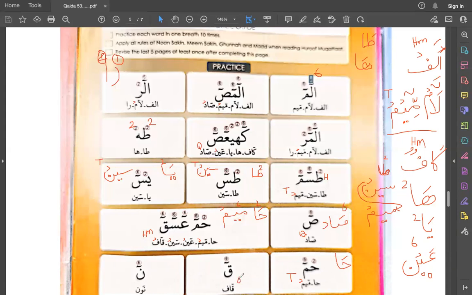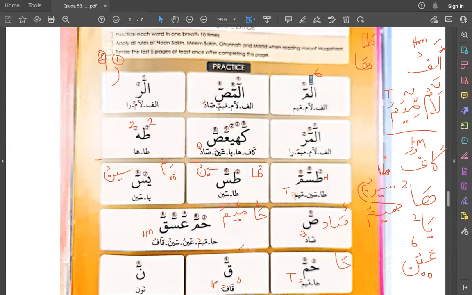Mad arid lilsukoon is normally 4 counts long, but here in huruf muqatta'at, we are making it 6 counts long. And at the end, you will find fa with sukoon, so you will bring hams, clear hams, with the flow of breath.